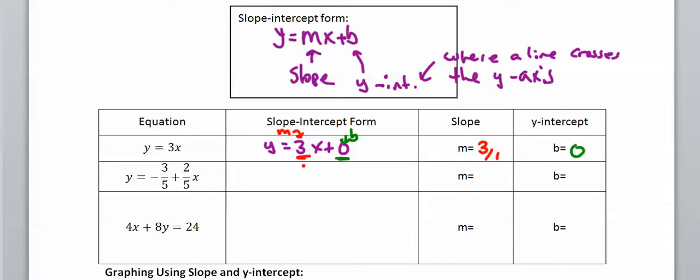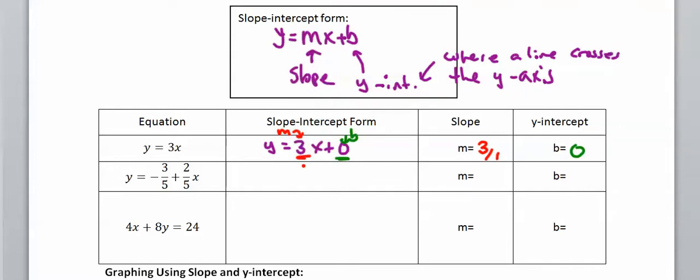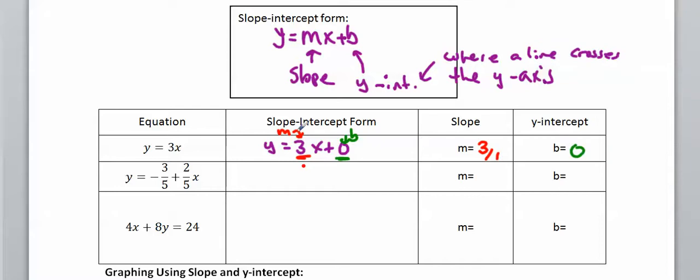All right, so we've got the equation y equals negative 3/5 plus 2/5 x. Okay, so I'm going to rewrite that in slope-intercept form. Remember, the x comes first, but the number doesn't change, and neither does its sign. So it's positive 2/5 x minus 3/5.